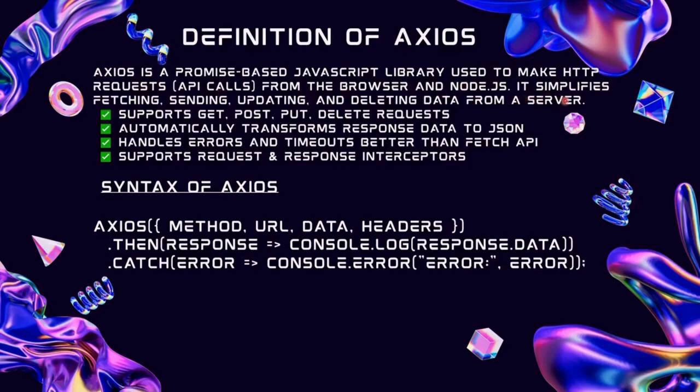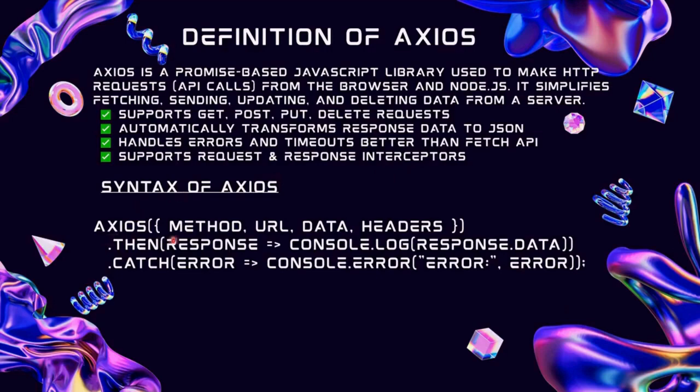It simplifies fetching, sending, updating and deleting data from the server, supports get, post, put, delete requests, automatically transforms response data to JSON, handles errors and timeouts better than Fetch API, and supports request and response interception.